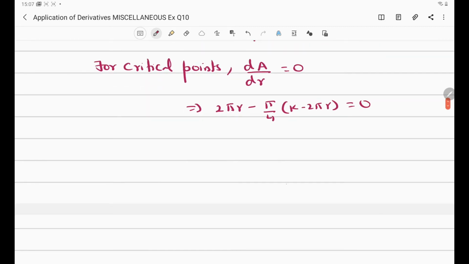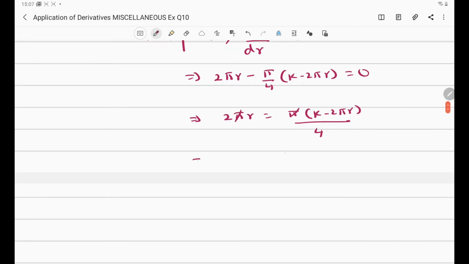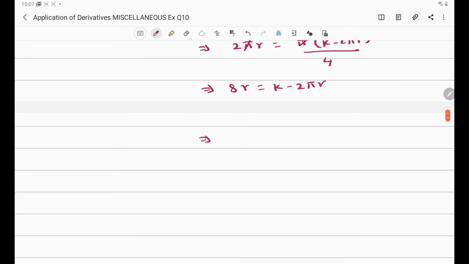So let us simplify this and we find the critical value. We get 2 pi r equal to pi into k minus 2 pi r divided by 4. So we can cancel out pi and pi and we get 8r equal to k minus 2 pi r. So we bring all the terms containing r to one side. So you get 8r plus 2 pi r equal to k.